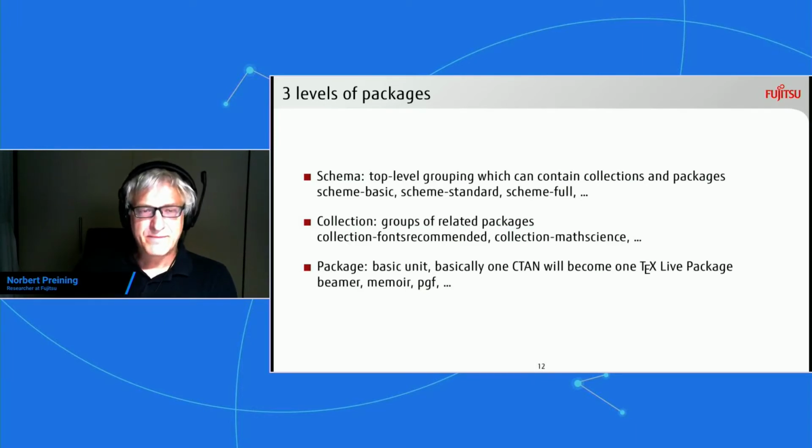This is important for distributors of Linux, Debian, SUSE, Fedora, because they don't want to have file conflicts. And on the most basic level, we have packages, which is the basic unit, is more or less what's going on.